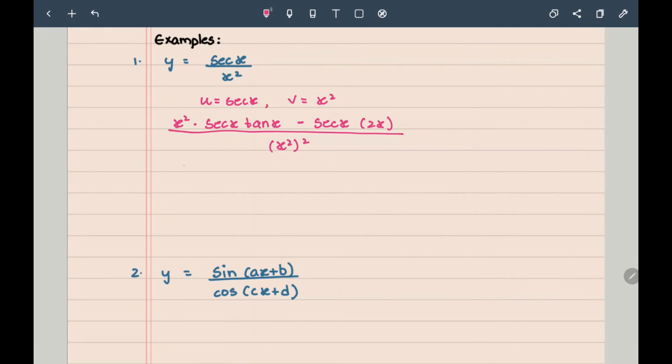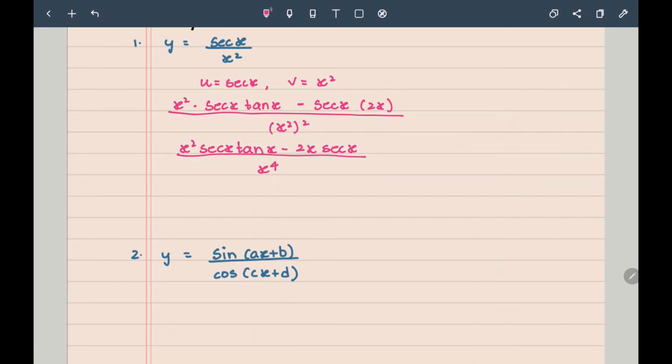So the final answer you will get is x square secant x tan x minus 2x secant x divided by x power 4.